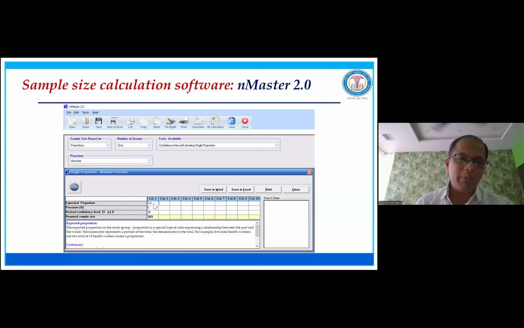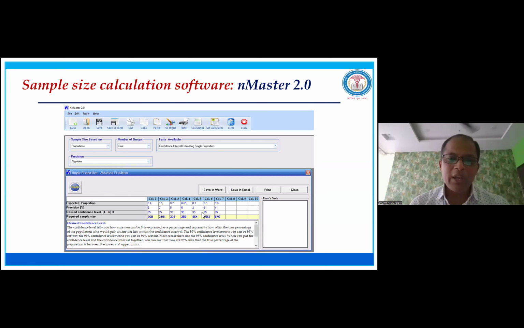So I took that 40% as 0.4. With a precision of 5%, I calculated the sample size as 369. Another advantage of this software is you can calculate multiple times in the same window, and you can check which is feasible for your particular study.